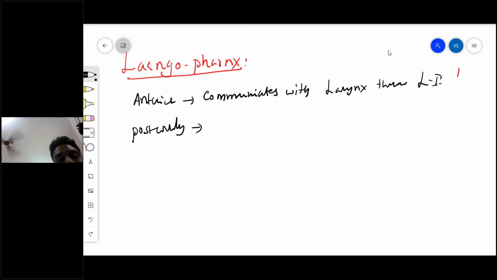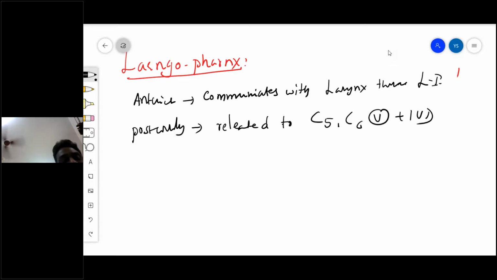Posteriorly related to C5 and C6 vertebrae plus the intervertebral disc.